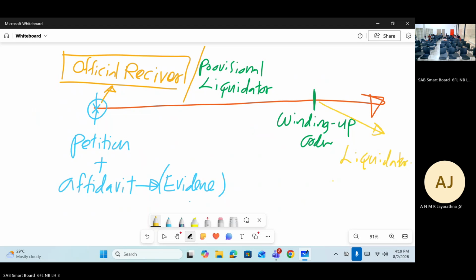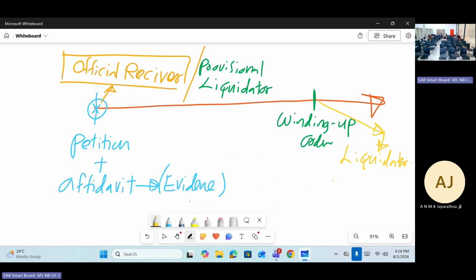Liquidator. Right, so three officers we can identify. Official receiver. The same person will be appointed as the provisional liquidator for a short period, or we can say until the winding up order is given, in order to monitor the affairs of the company.